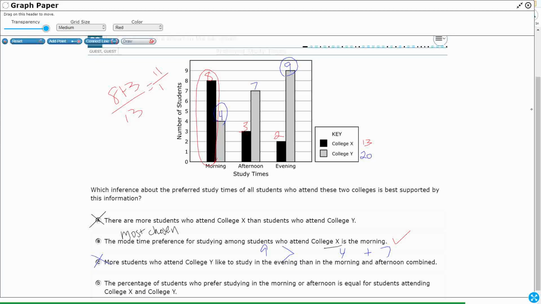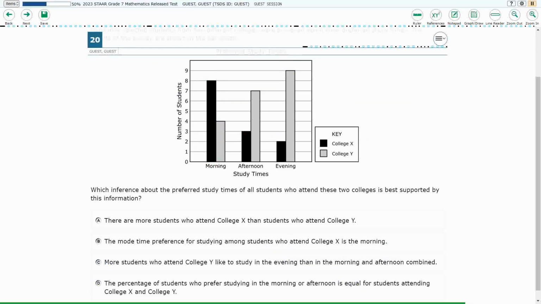They're saying that this is going to be equal, then we've got this for college Y, the 4 plus 7 over, there's 20 total, so that's 11 over 20. Take a look at this. We don't even have to find a common denominator. We've got the same numerator, and the fact that they have different denominators means they are not equal. So D is incorrect. Our answer here is B, the mode.